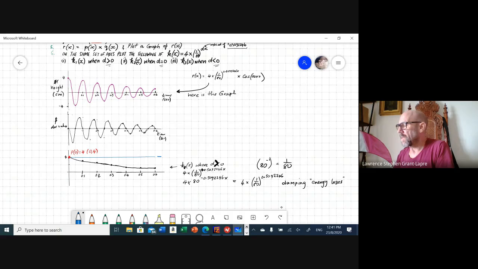This is k2 of x, d equals 0. Because we've got times 0, that's just to the power of 0. That'll be like 4 times 1 over 80 to the power of 0x, which is 4 times 1.